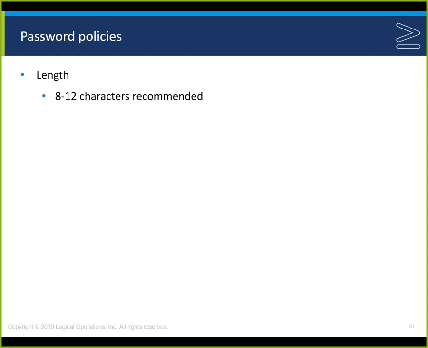The first 7 characters of the password represent the first half of the hash, and if it's only 7 characters, there's going to be a filler for the rest of it, and that's going to be the same for everything. So if we only have a 7-character password, it only has to crack half of it. It doesn't have to crack the other half. 8 to 12 characters is recommended, and I think these are probably Microsoft's recommendations.